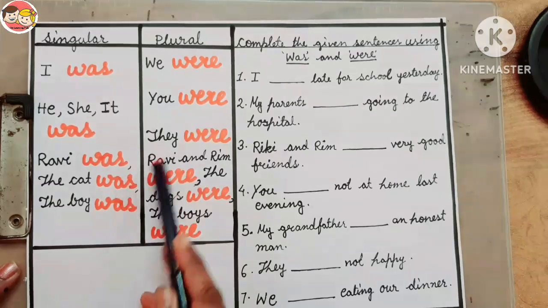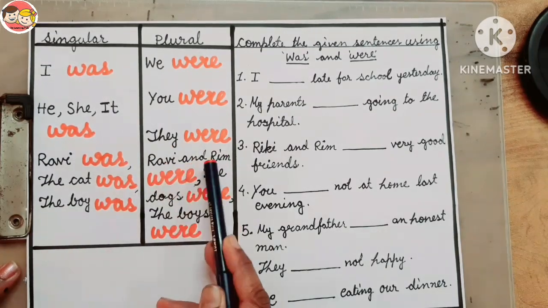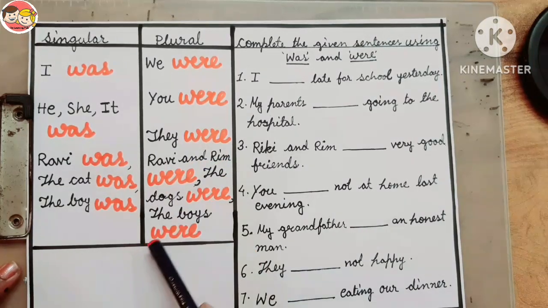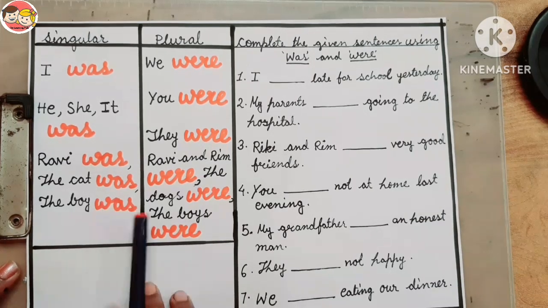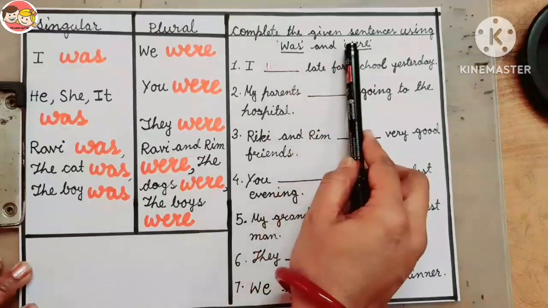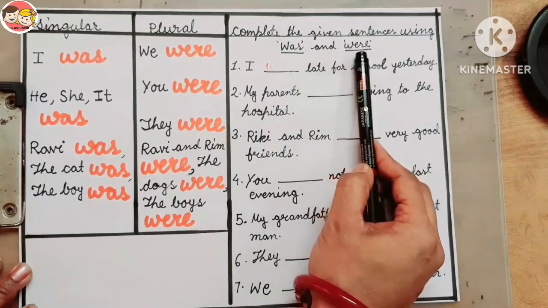You were. They were. Ravi and Reem were. The dogs were. The boys were. So children, you have to understand and remember this chart. Now let's move on to the worksheet. Complete the given sentences using was and were.